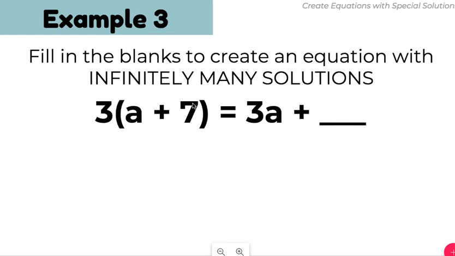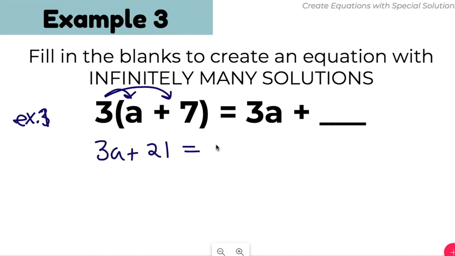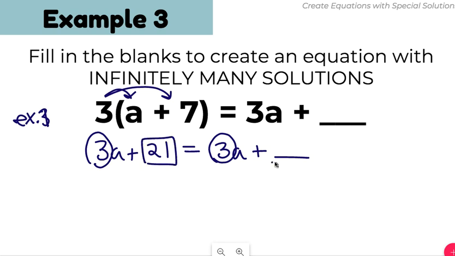Next one. Don't copy the instructions, just copy the example. It's example 3. First thing is to simplify. So I'll distribute. I get 3a plus 21 equals 3a plus blank. Same coefficient. I have a 3 on both sides. Same constant. 21 on the left.